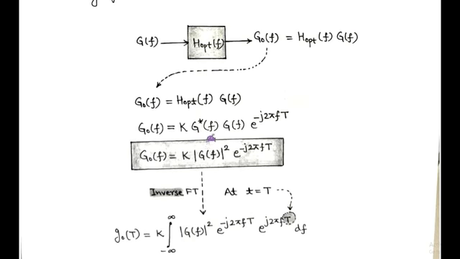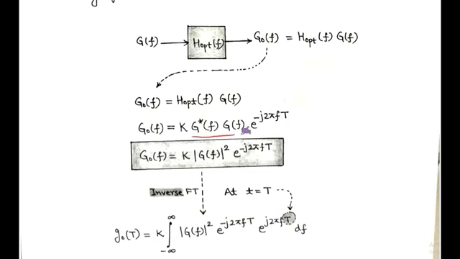And we know that g star(f) is the complex conjugate function, and the product of any complex function with its complex conjugate is equal to the square of the mod of that complex function.